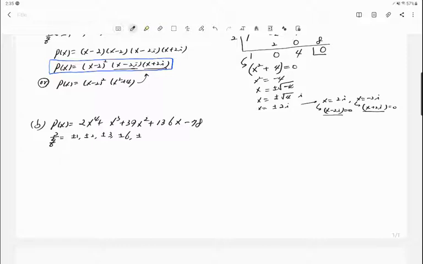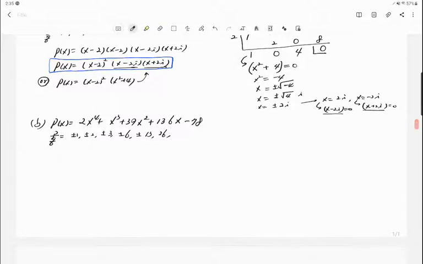So 12, right? 13. So 13 and 26, right? That's more. And then 39 and 78.